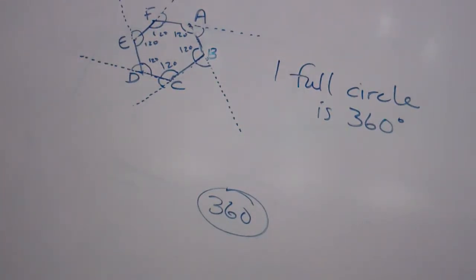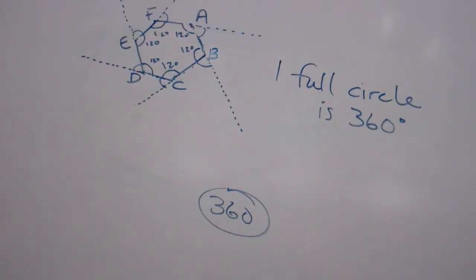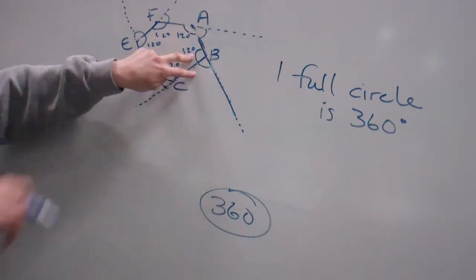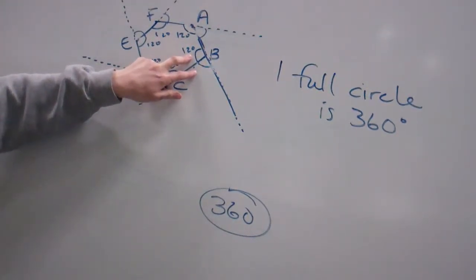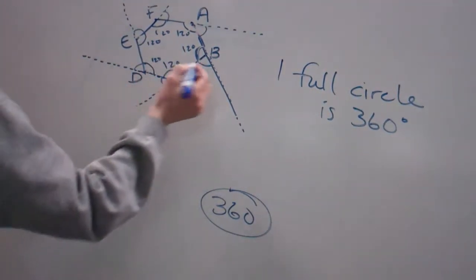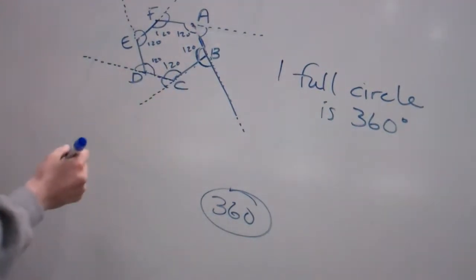Does anybody else see another way I could have determined that? I mean, anyone? I'm going to give you a hint. What does a straight line make? 180 degrees. And if this portion of the inside is 120, then what would this be? 60.